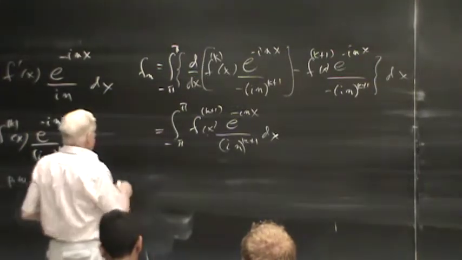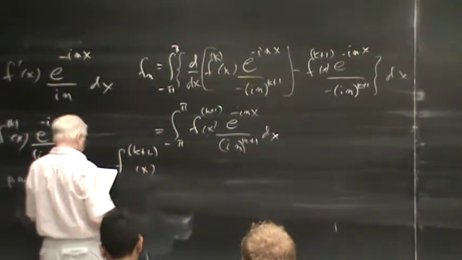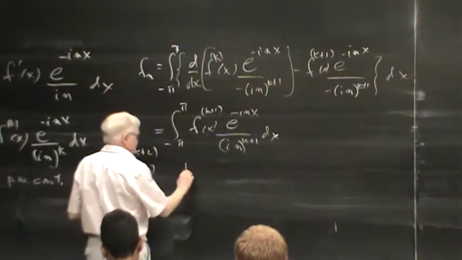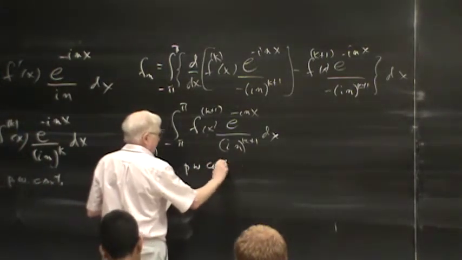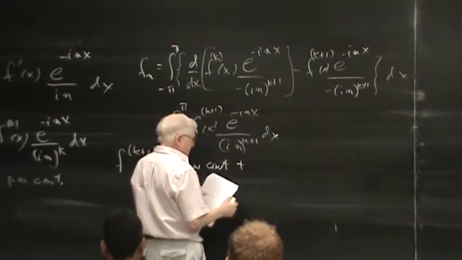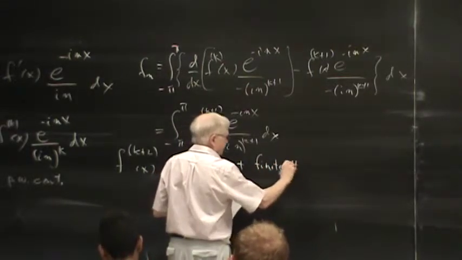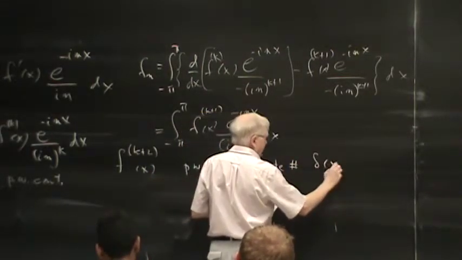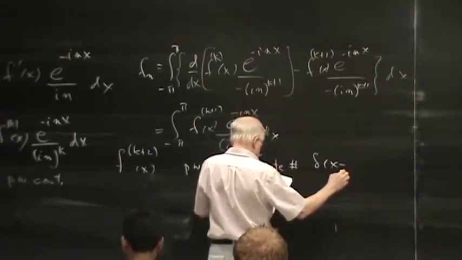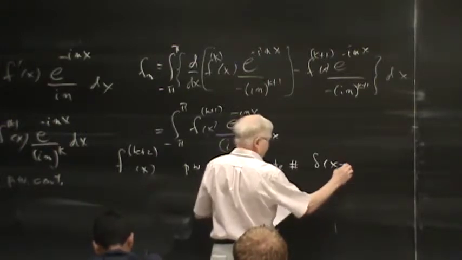And so what we've got is that f^(k+2) is something that is piecewise continuous plus jumps, plus a finite number of delta functions, delta of x minus, what do I call it, x minus, oh, I don't know, x_j.